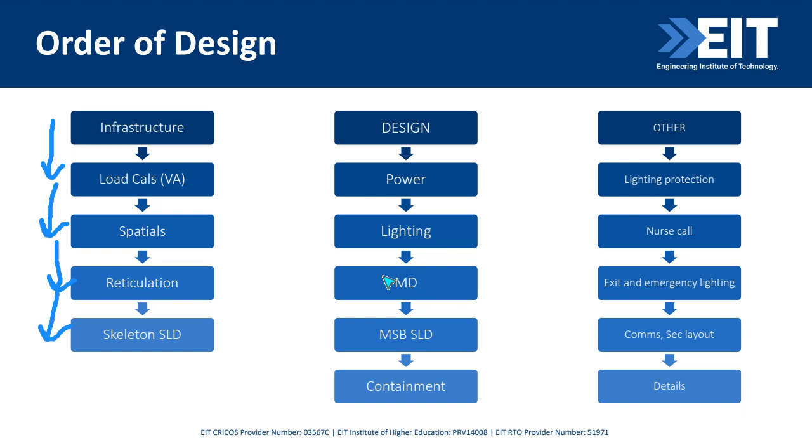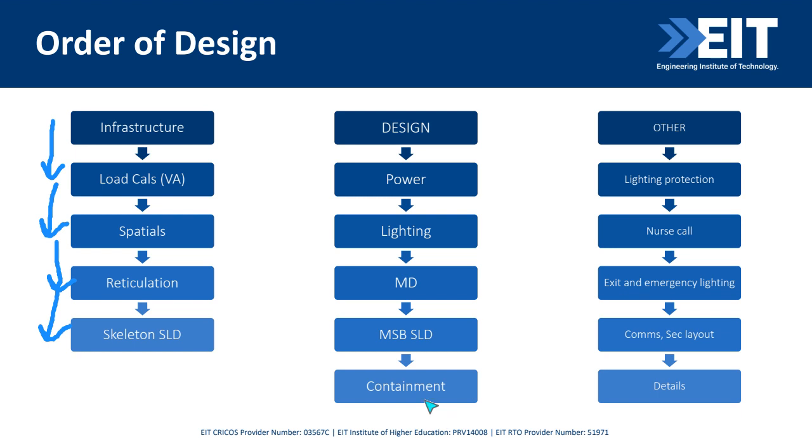So unlike using VA rates, which is just based on square meterage, you've actually got your equipment and you're doing a detailed load calculation. We can then refine our single line diagrams and finish up our containment, so actually sizing our cable trays.